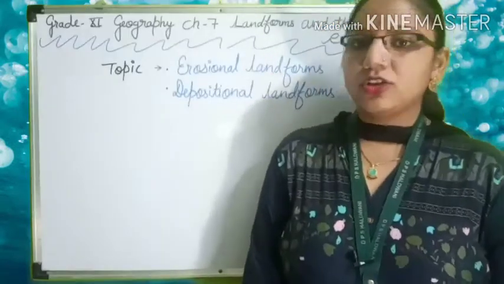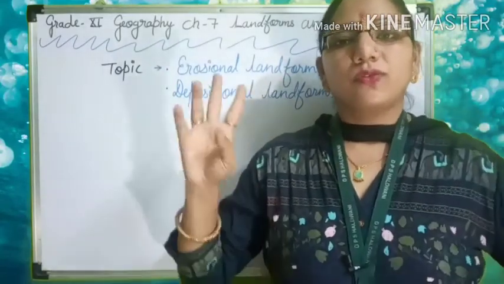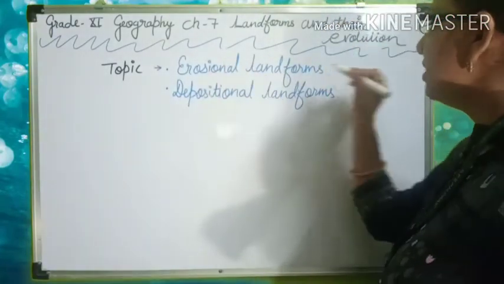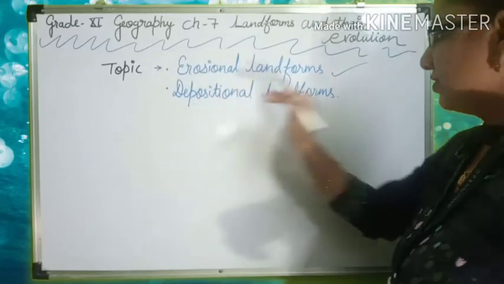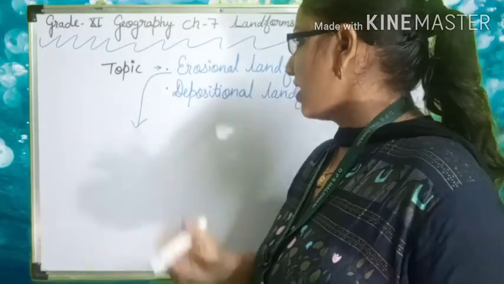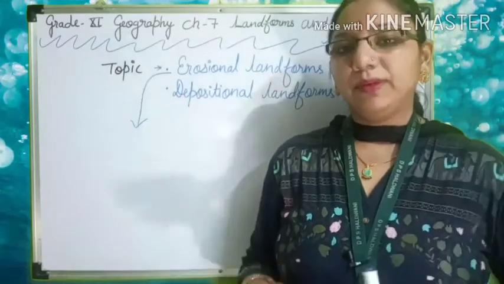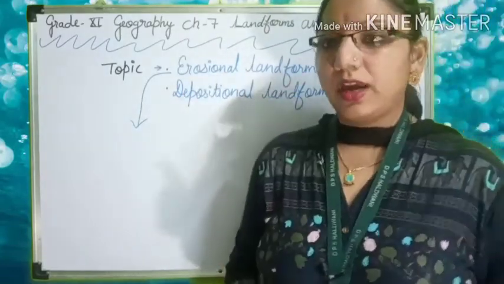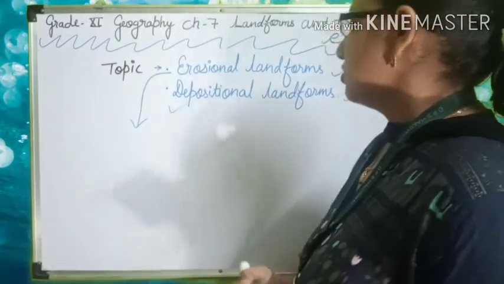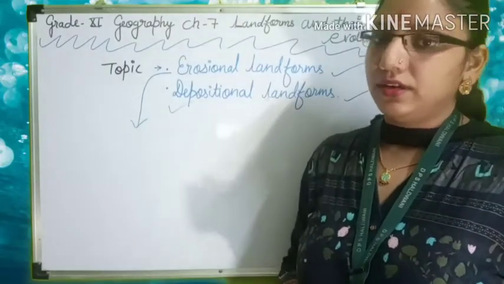So, students, due to running water, two types of landforms occur: erosional landforms and depositional landforms. Erosional landforms occur due to the erosion caused by the rivers, and depositional landforms occur due to the sediments deposited by the rivers.